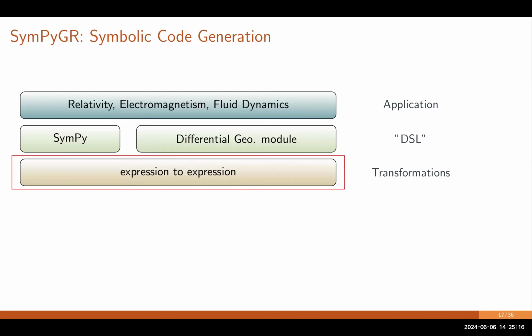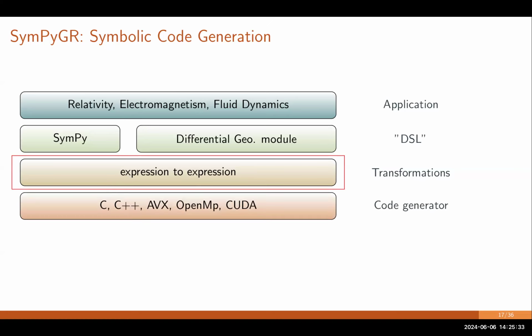And the important thing for the optimization part is that it can do expression-to-expression transformation that generates code suited for different architectures. And then we have the underlying architectures or programming languages that we want to spit out code for.